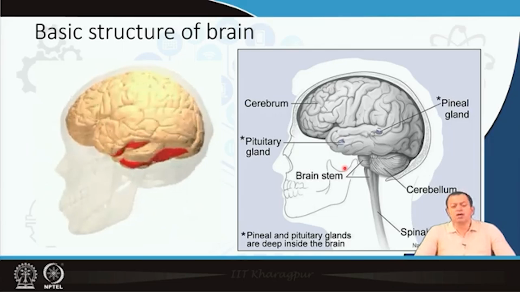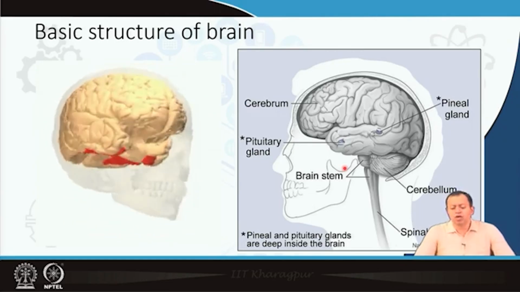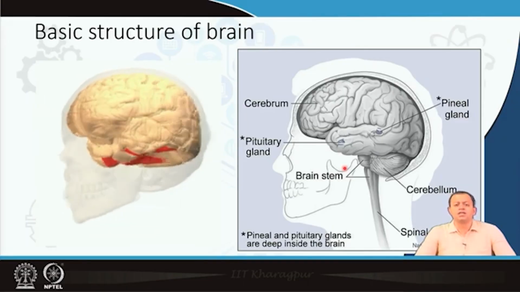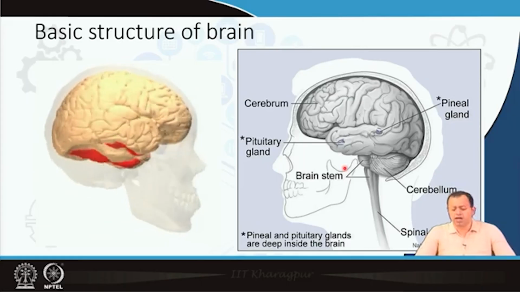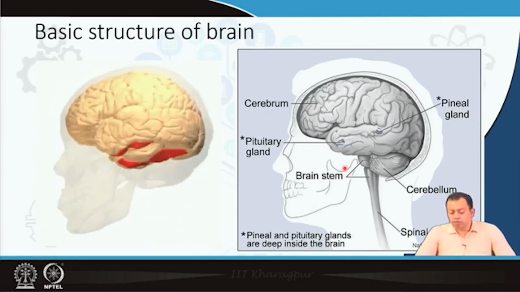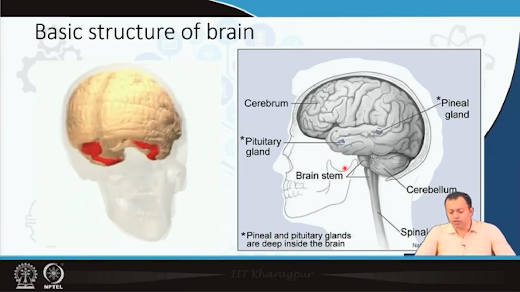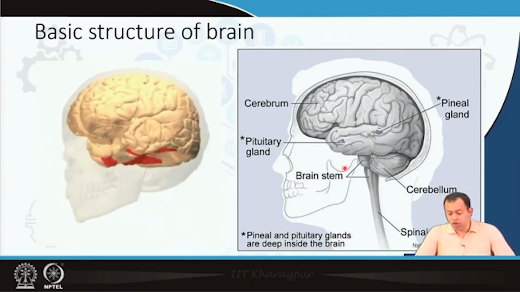But this is the crudest or the simplest way in which the organ brain and its different functions could be described, gray matter, white matter, etc. I ask you to read a bit more about it, because obviously I am not an expert in neurobiology.